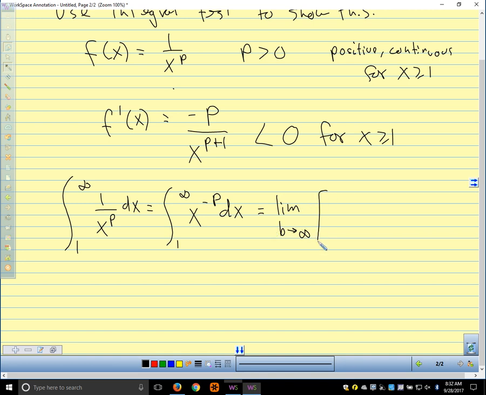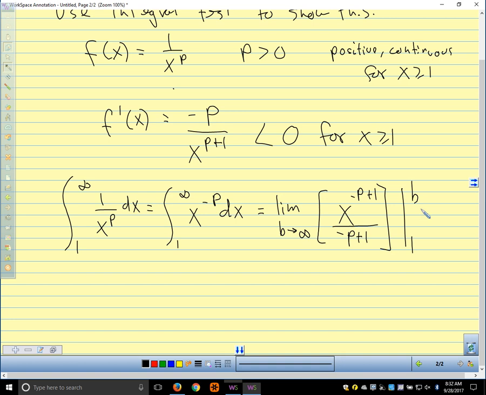We want to integrate x to the minus p. What do I get? x to the minus p plus 1, and then we have to divide by minus p plus 1. And we're going to integrate that on 1 to b.